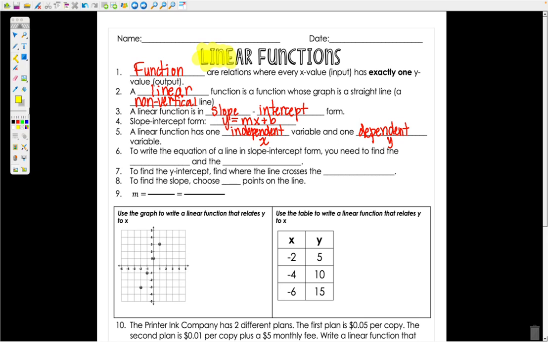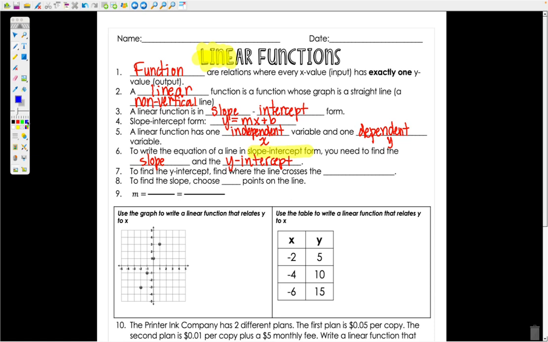Let's come back to this here. If you are writing in slope-intercept form, you need to know two things. You need to know the slope and what else? The y-intercept. Do you remember which letter represents the slope?